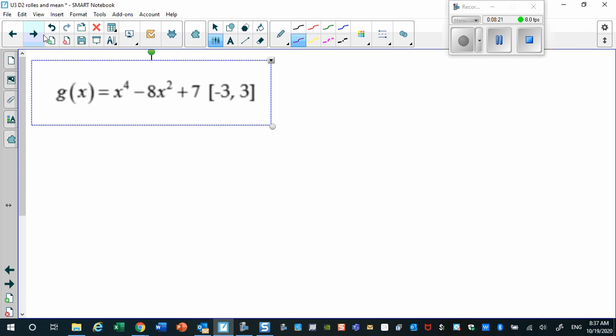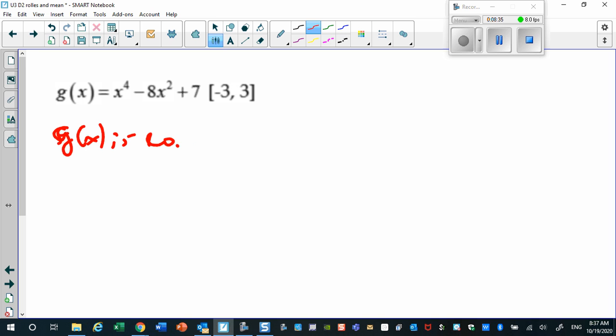Number 2 says g of x equals x to the 4th minus 8x squared plus 7, from the interval from negative 3 to 3. So g is a continuous function because it's a polynomial. I have to state that before you can invoke Rolle's theorem.